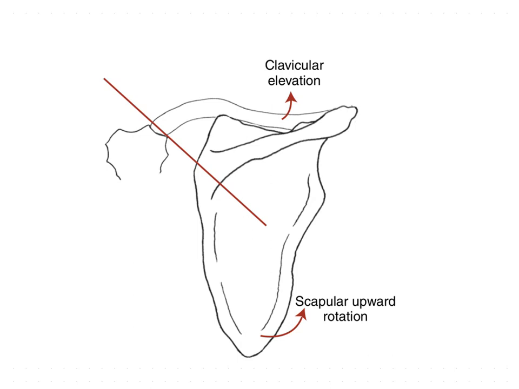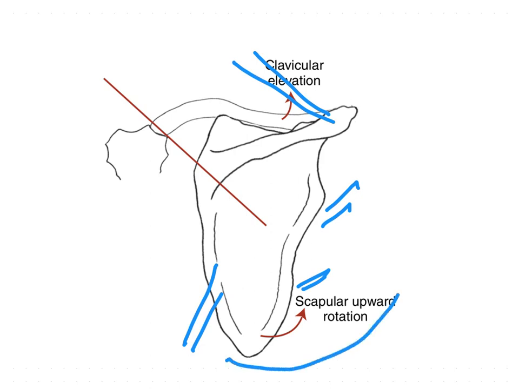In phase 1, the upper and lower portions of the trapezius combine with the upper and lower portions of the serratus anterior muscle to produce an upward scapular rotation.